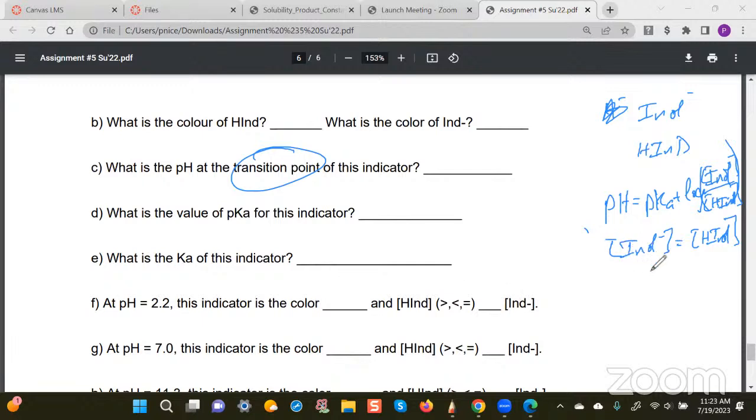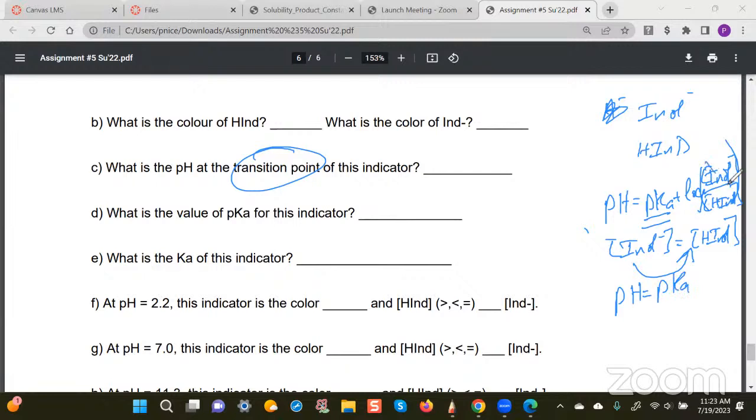So if these two concentrations are equal, then how do you determine the pKa? pH equals pKa. Exactly, the pH is going to be equal to pKa, right?